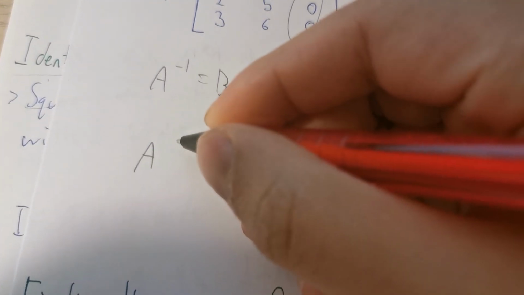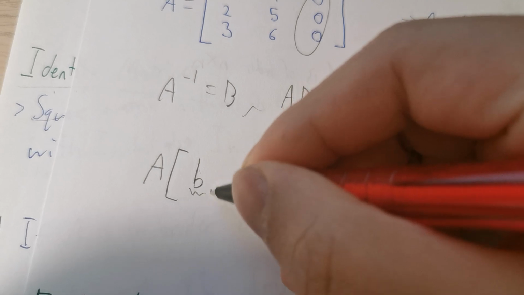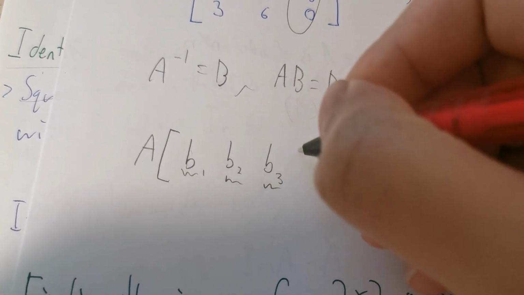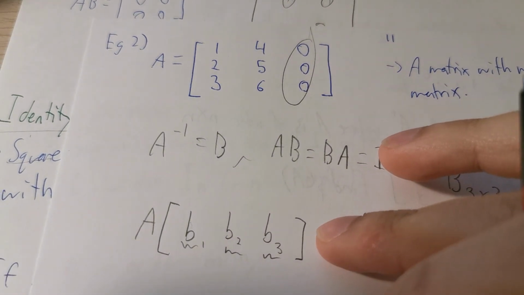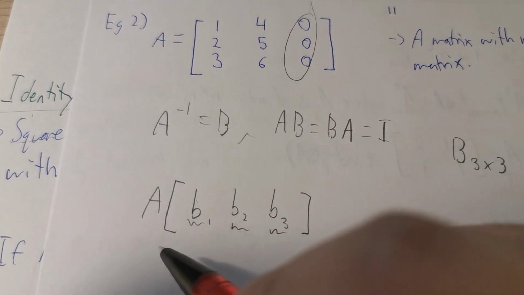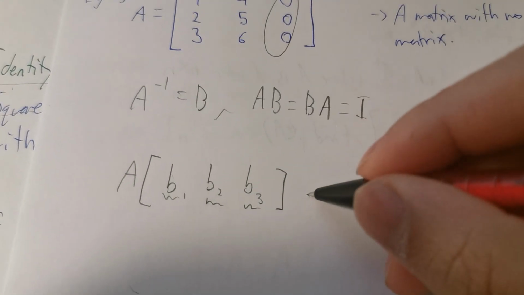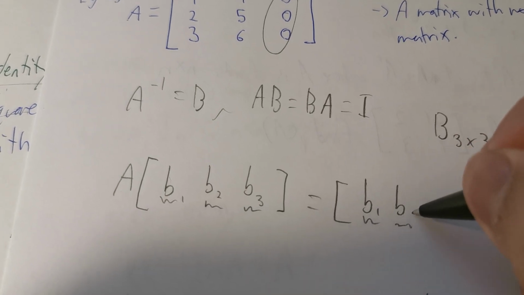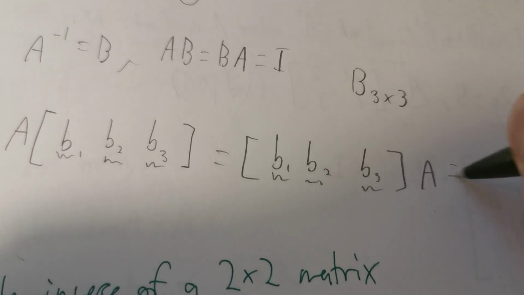So if we try to put that together, A times B as 3 vectors, let's do B1, B2, and B3. So there's a row of 3 vectors now, right? As we try to multiply this, we have B1, B2, B3, and A.